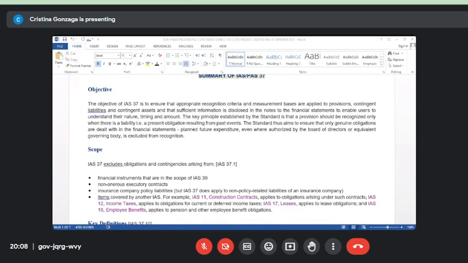May actual entry ka talaga. Okay, example ng provision. Ang dami kayang example ng provision. Like for example, yung estimated warranty mo. It's a provision for warranty. Ano entry mo dyan at the end of the reporting period? You debit warranty expense and you credit estimated warranty liability.